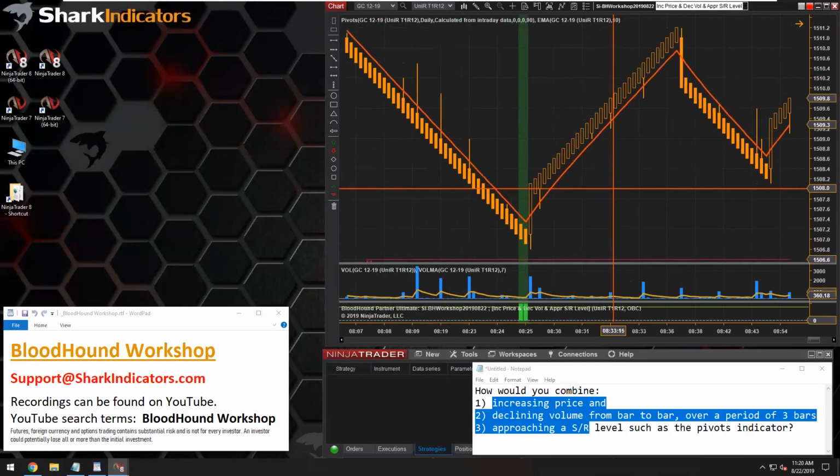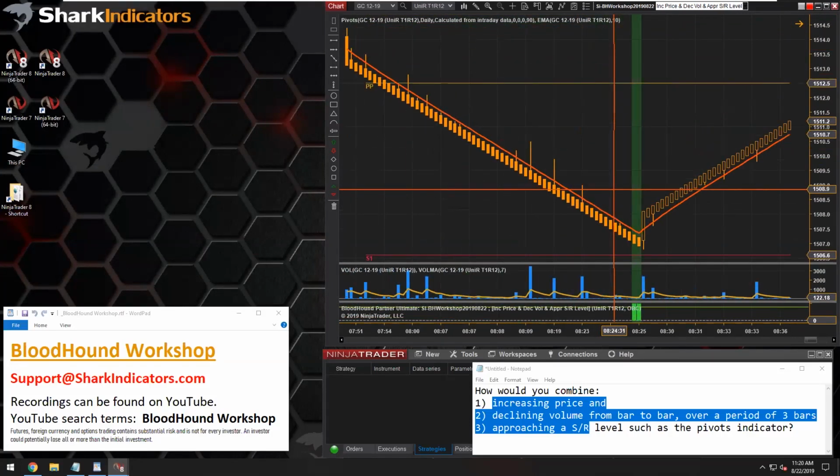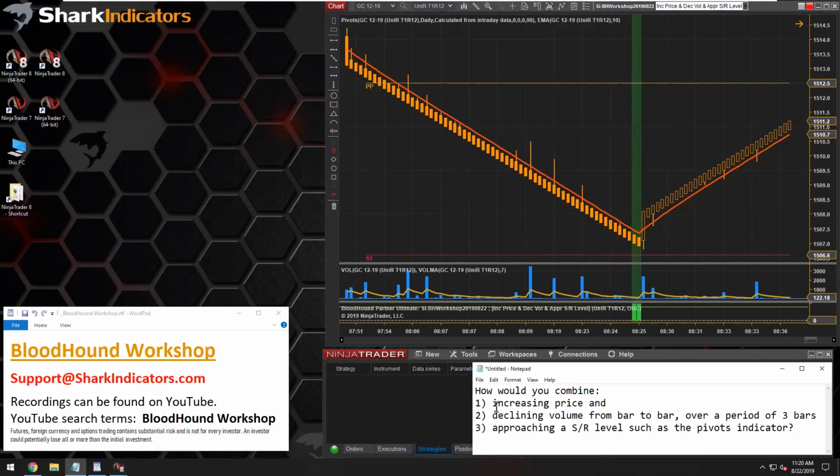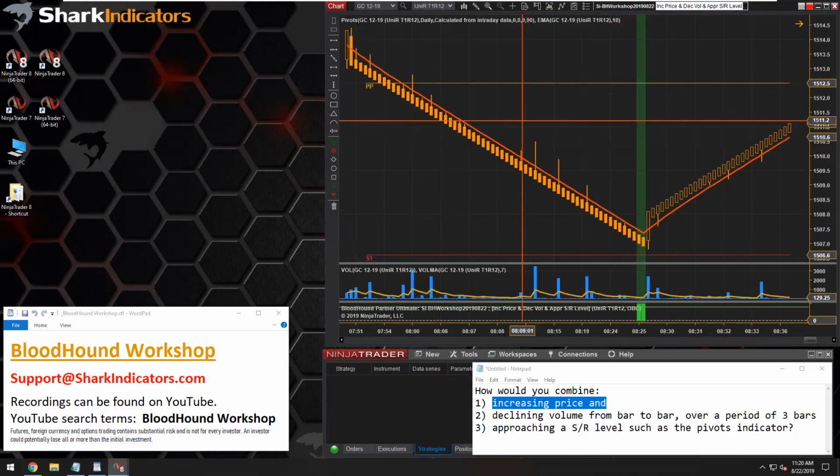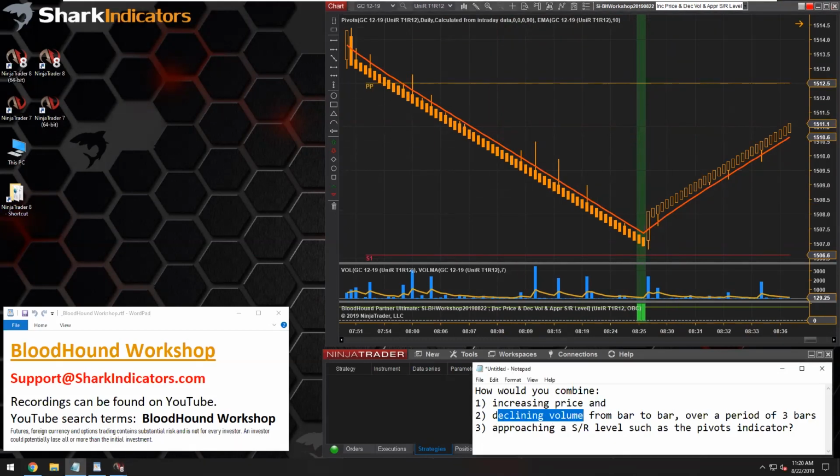But in any case, that is how you would find increasing price into a pivot line, with declining volume, and then approaching a support resistance level.